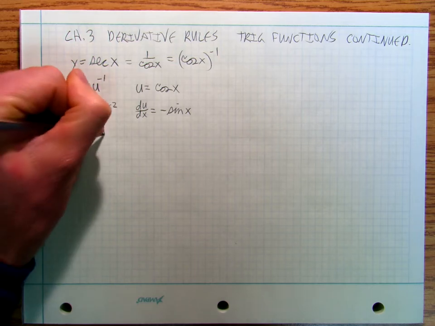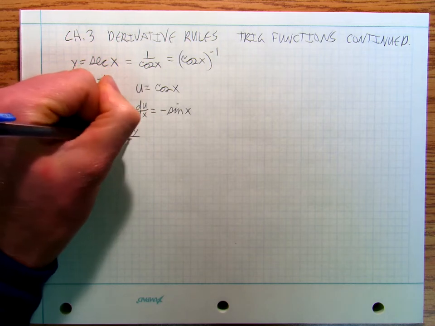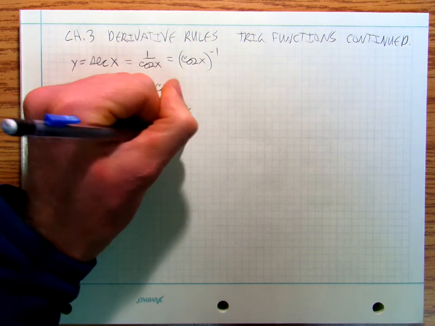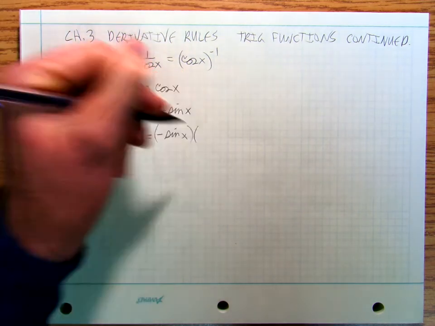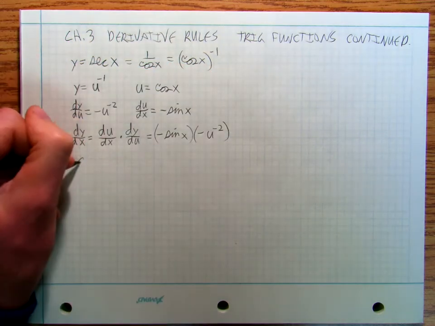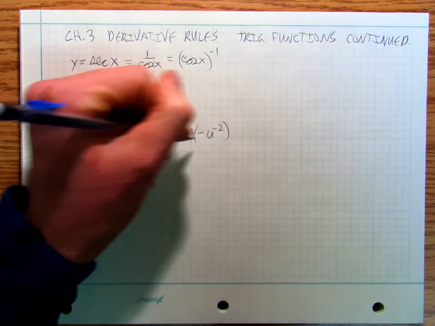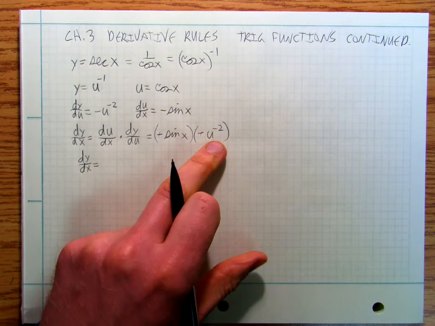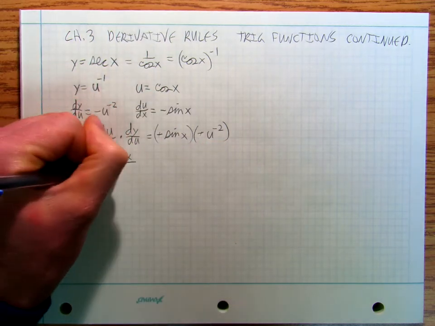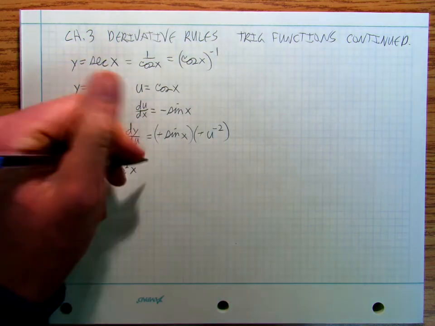And so then dy dx is equal to du dx times dy du, and so I get negative sine x times negative u to the negative 2, and the negatives are going to cancel. That u is cosine x, so I'm going to get sine x over cosine squared of x, but I'm not done yet.